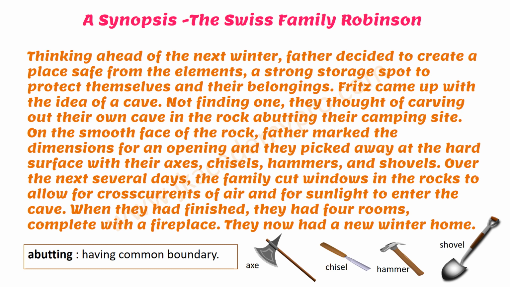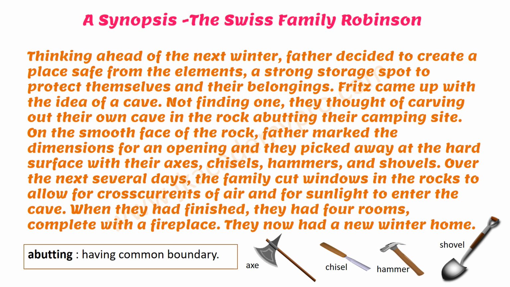So we always have a door and windows in the house, isn't it? So the air has to circulate well, and sunlight has to enter the cave. So all these things they thought about. So not only did they make an opening, they also made space for windows as well as for the air to circulate and the sunlight to come in.